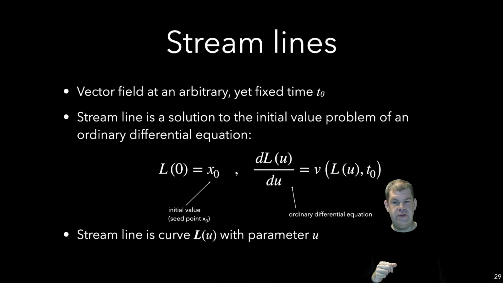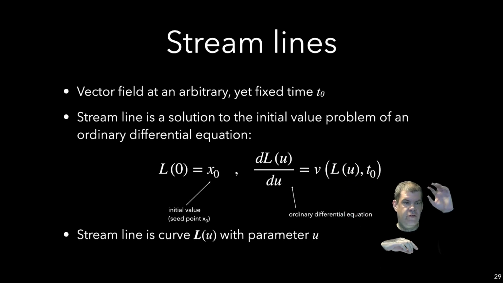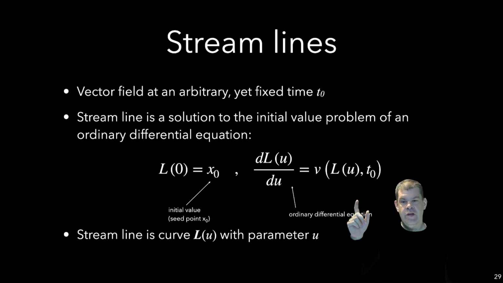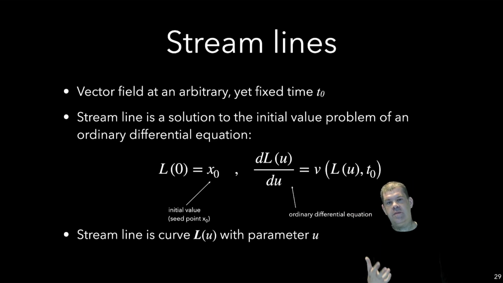V is the vector field here at that point. The vector field has different values at different points. So I say the derivative at some point is the vector field at that point at a given time step that I fix. And that's what makes this a differential equation, because it now contains a derivative.